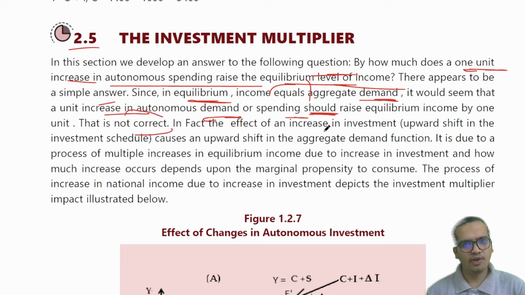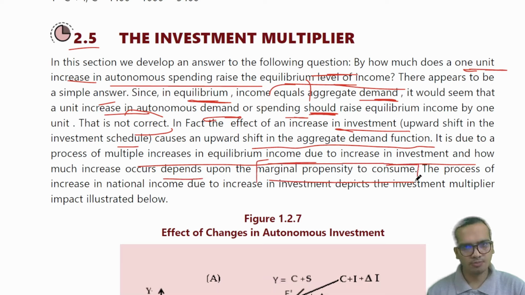In fact, the effect of an increase in investment, that is an upward shift in the investment schedule, causes an upward shift in the aggregate demand function. It is due to a process of multiple increase in equilibrium income due to increase in investment, and how much increase occurs depends upon the MPC, that is marginal propensity to consume.